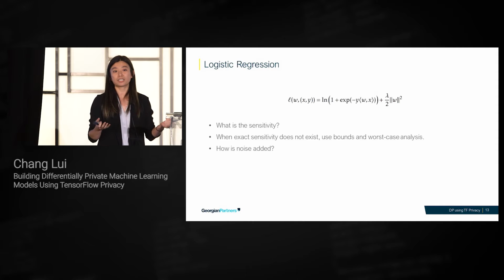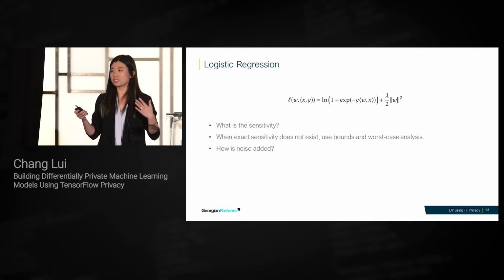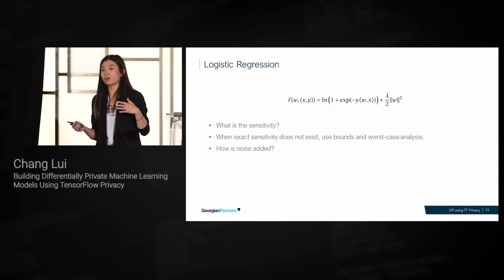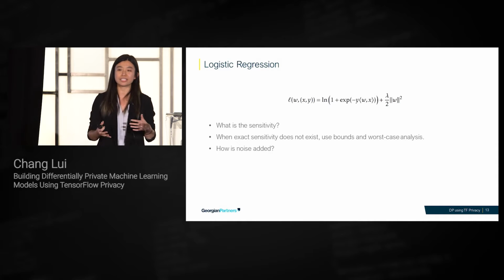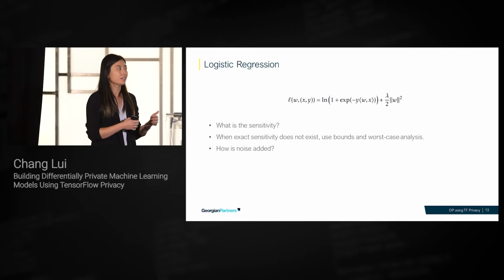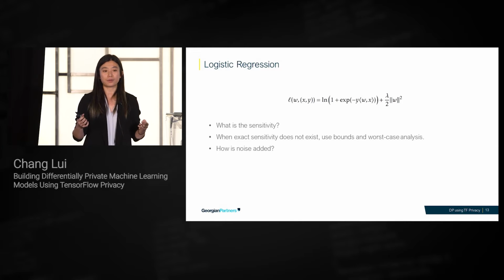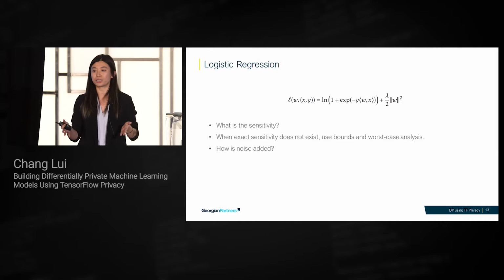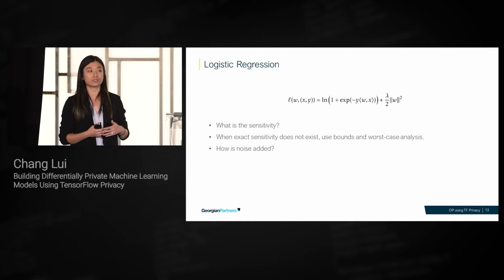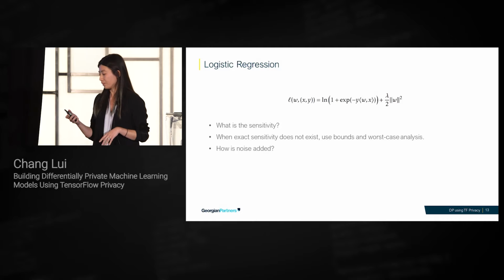It's a lot more complicated than counting, but it's still just a randomized algorithm. Then what is the sensitivity for this? Well, it's really hard to calculate. It depends on the data set, and there isn't really one number that we can define. So what we can do is use worst case analysis and bounds to bound our sensitivity and add noise according to that sensitivity.